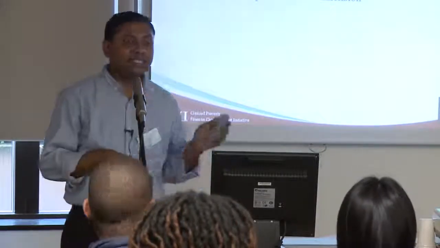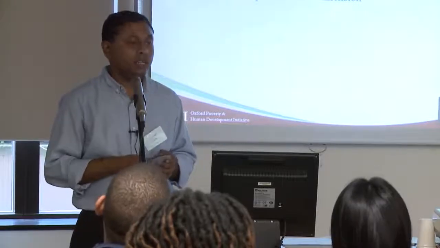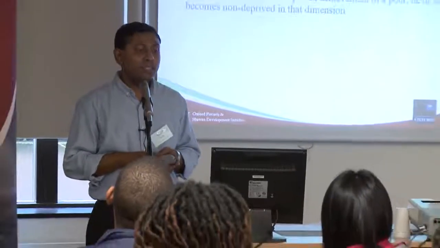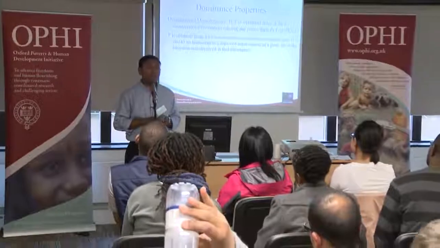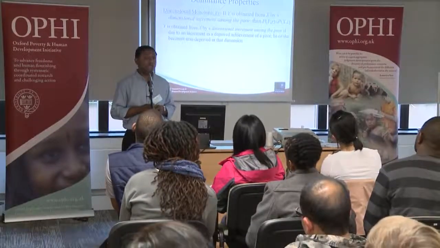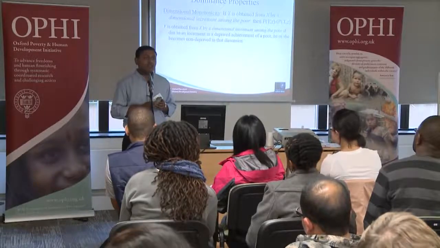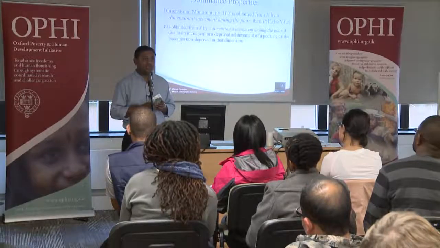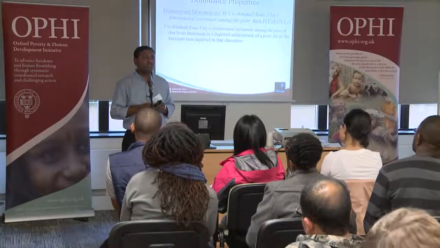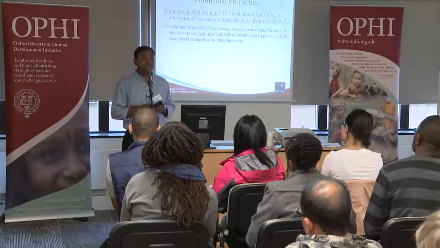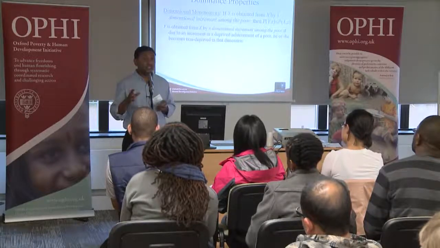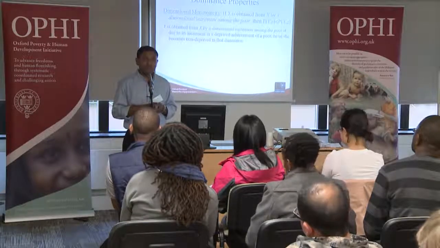Now this is particularly attributed to the multidimensional context. What is the idea? If a particular multidimensional poverty measure strictly satisfies strict monotonicity, we may not require this particular property.